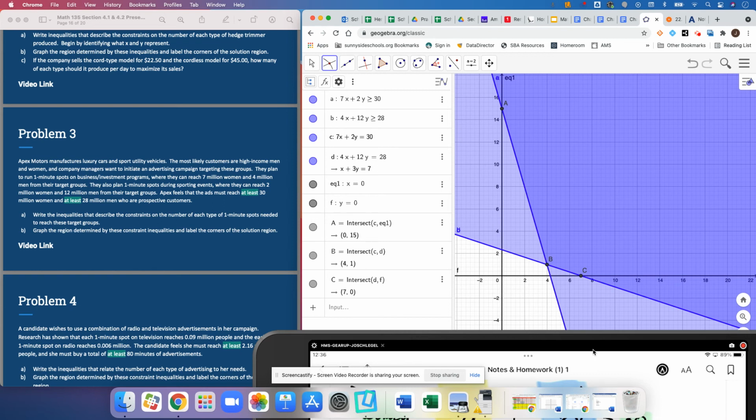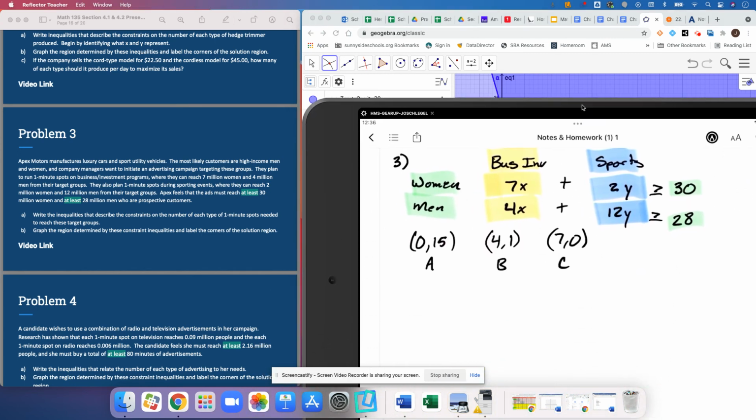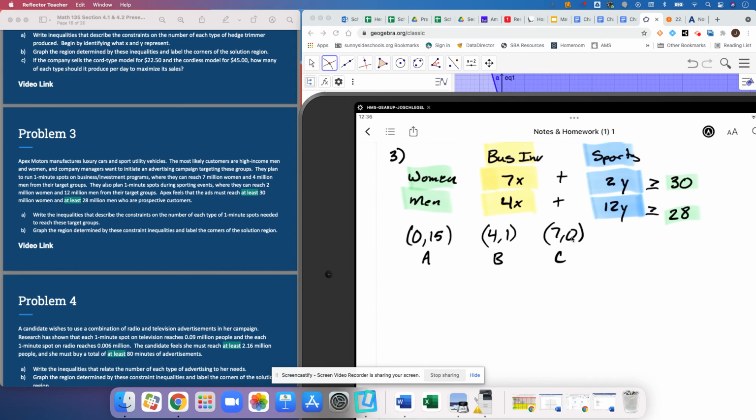We would spend 4 minutes on advertisements during business programs and 1 minute on advertisements during sports programs. And lastly, we have 7, 0, where we would spend money on 7 minutes of advertisement for business investments and $0 on advertisements for sports advertisements.